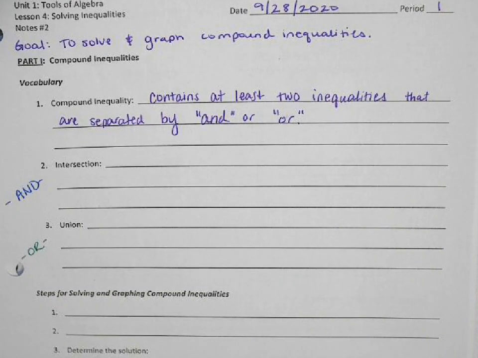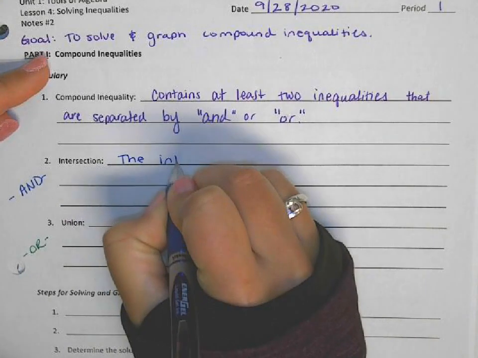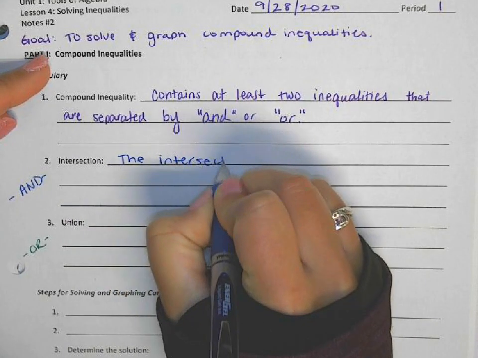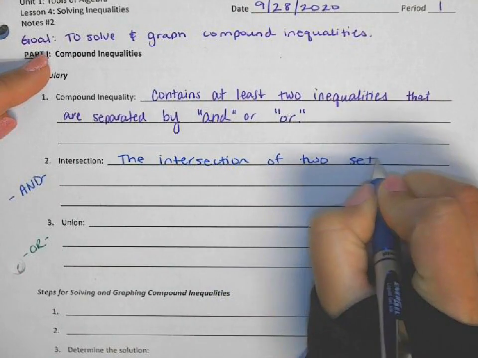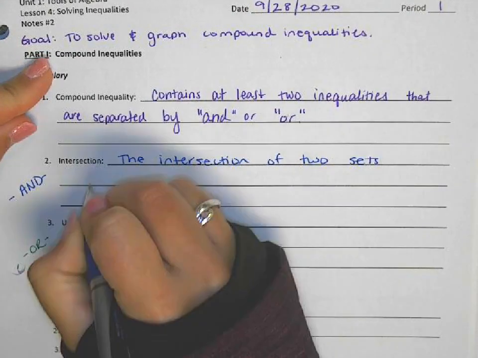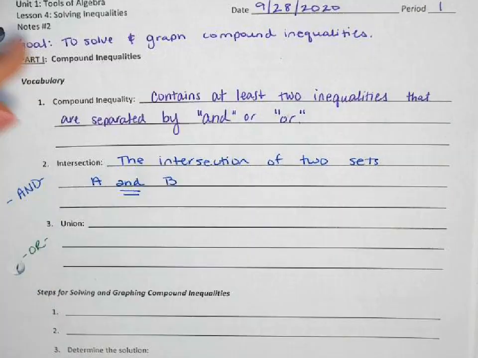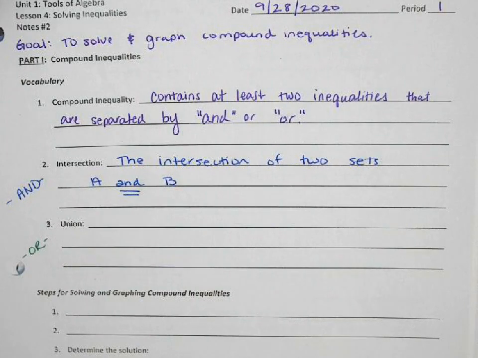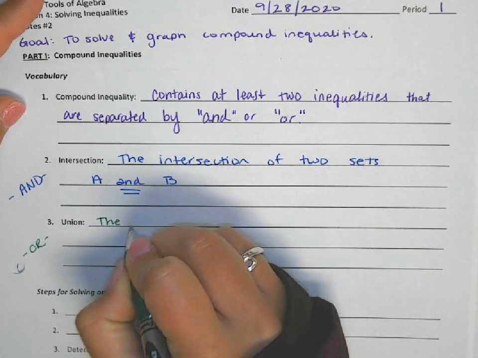The and is called the intersection of two sets, which is going to be A and B. So there's that and word. And the union is the set made by combining the two.